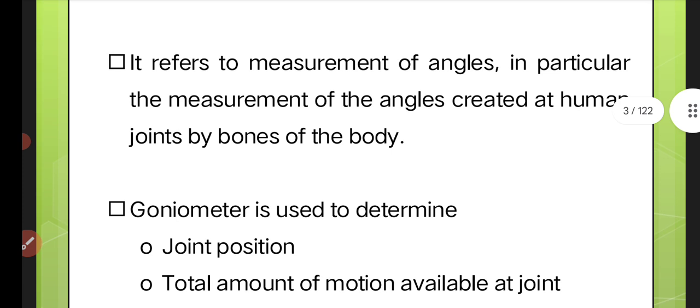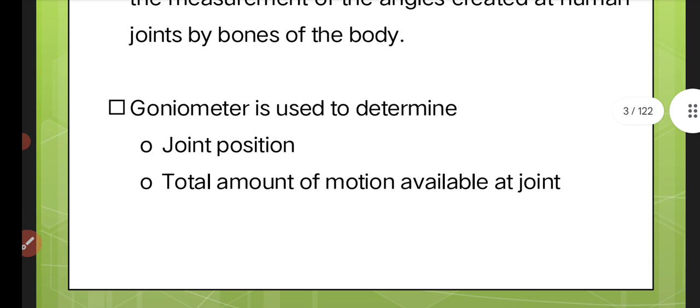So goniometry refers to measurement of angles, in particular measurement of angles created at human joints by bones of the body. Next, the goniometer determines two of the most important things: one is the joint position, and the next is the total amount of motion available at a joint.